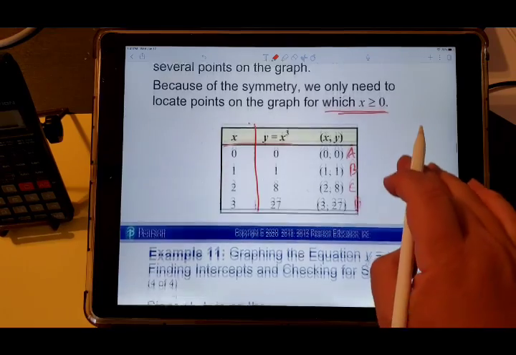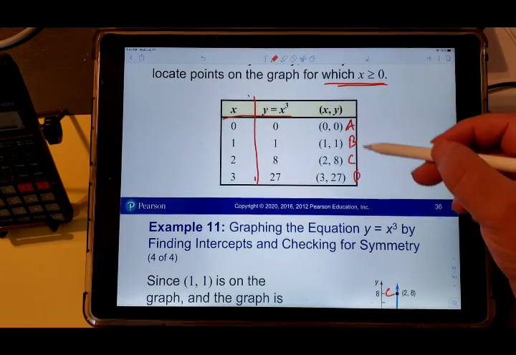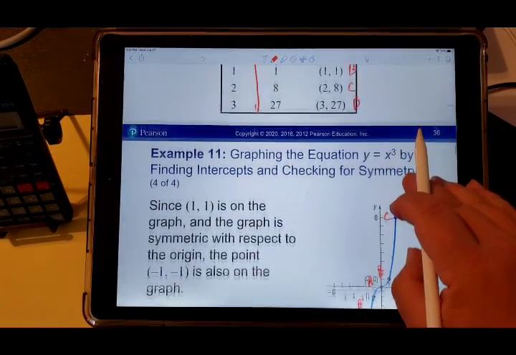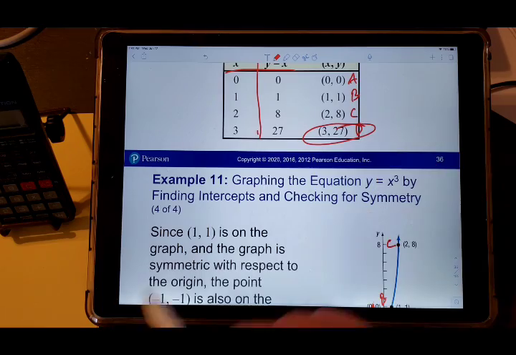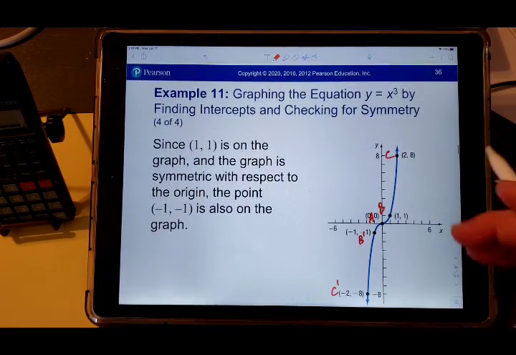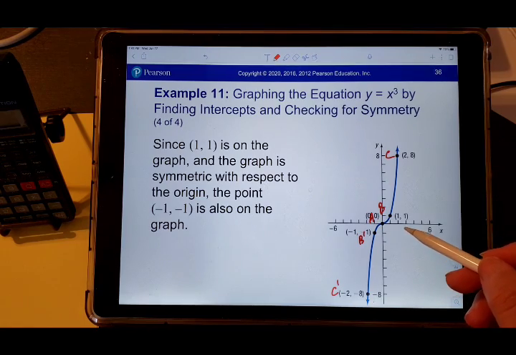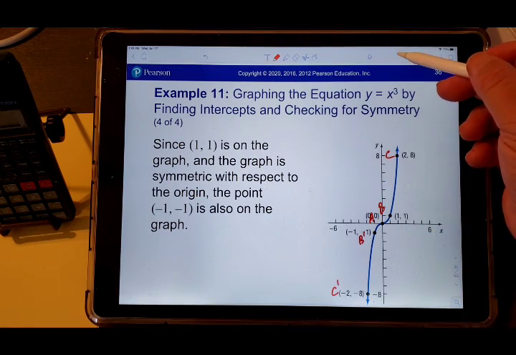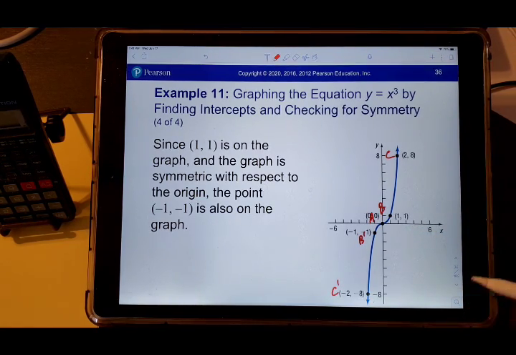So as I go, I like to put these letters here so you can see where they're going. And notice that point D, 3, 27, would actually be way up here somehow, because on this slide, 3, 27 would be off the page.